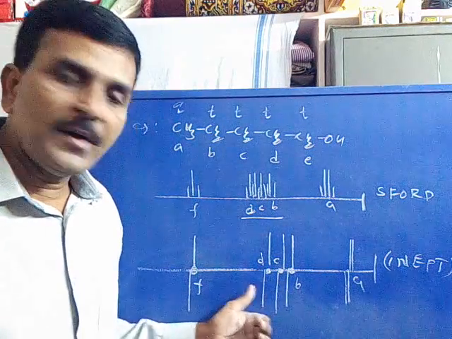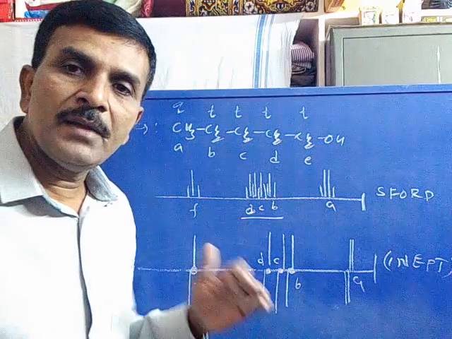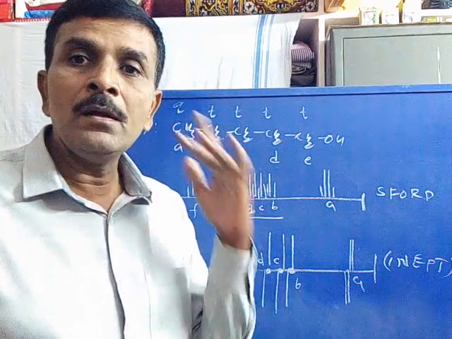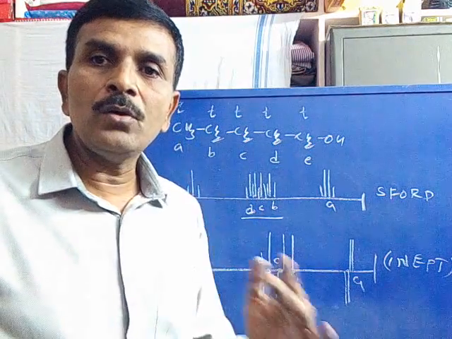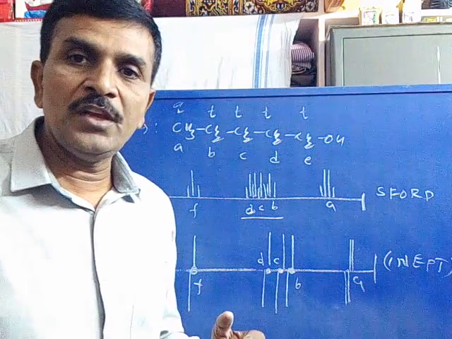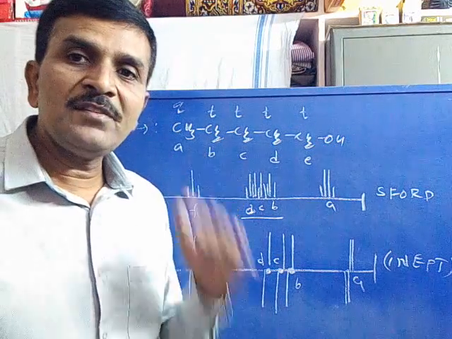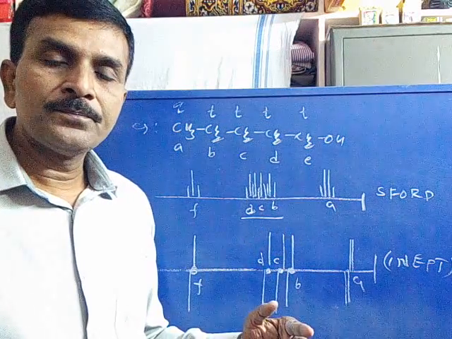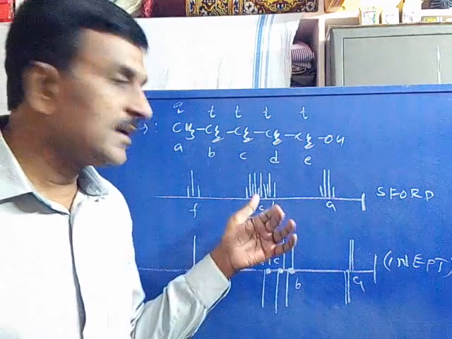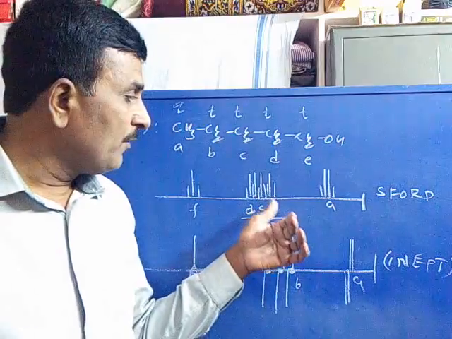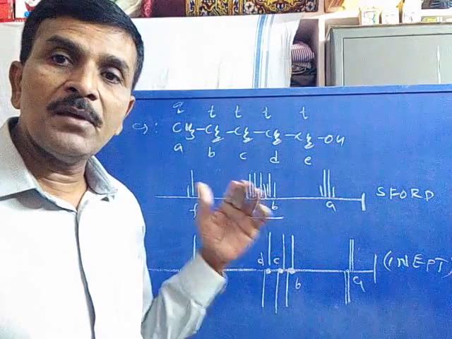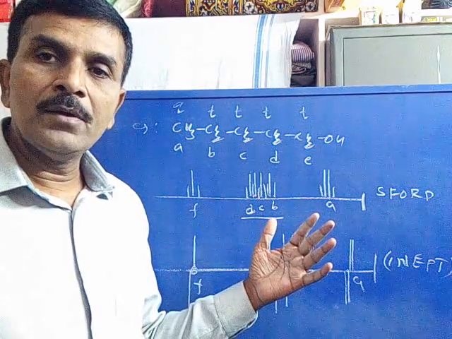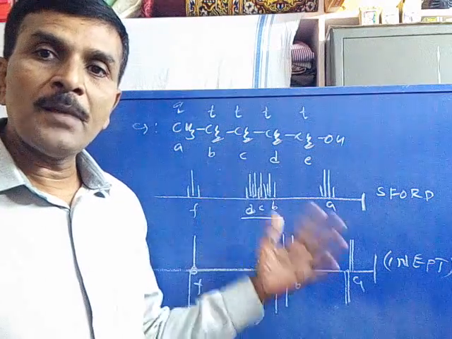So the three triplets, B, C, D, indicate all three carbons belong to CH2 carbons. This kind of information is not possible from the SFORD experiment, where the B, C and D carbon signals get overlapped. Because of overlapping, they are unpredictable.